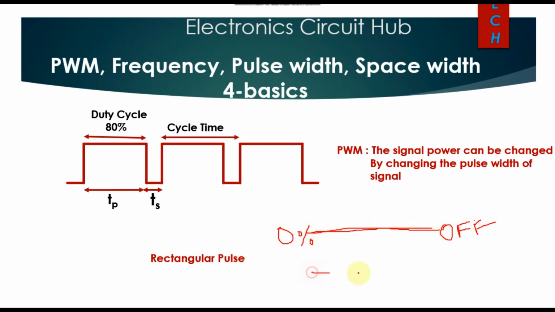And 100% duty cycle means your complete signal is on. Let's say this is some logic level, here is your 0 and here is your 0. So this is 0% duty cycle, signal is completely off, and this is 100% duty cycle, that means the signal is completely on.